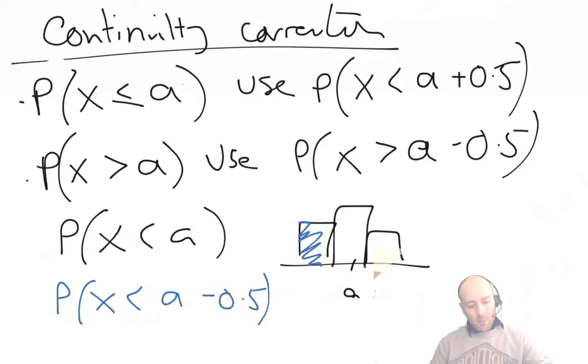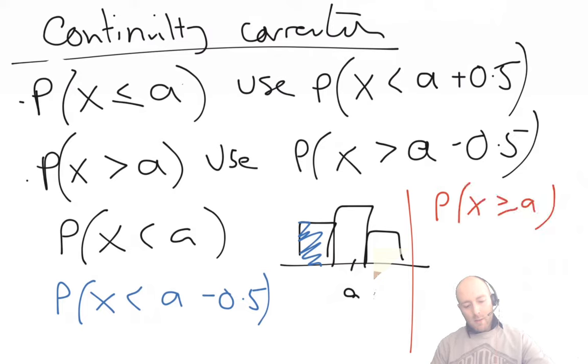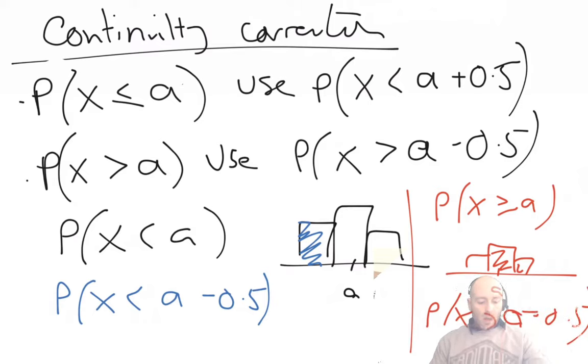And if we wanted to do probability x is greater than or equal to a, we do probability x is greater than a minus 0.5. Is that right? No, sorry, this should be a plus. Change that. Yeah, so I would always sketch it.